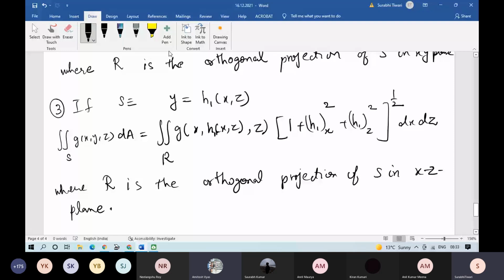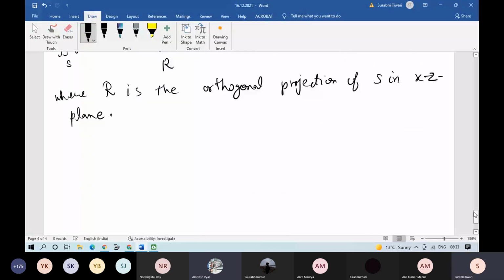Now third क्या बचा? x is a function of y and z. Fourth.